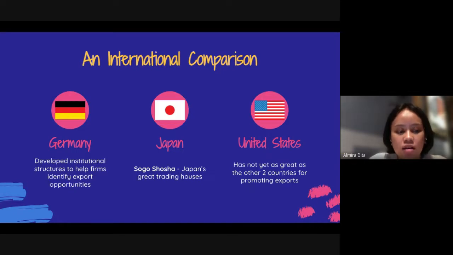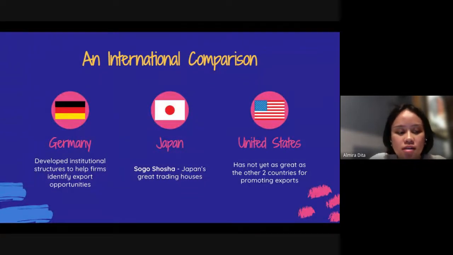While in Japan, the Ministry of International Trade and Industry is always on the lookout for export opportunities. In addition to that, many Japanese companies are linked to the Sogo Sosha, which are Japan's great trading houses. The Sogo Sosha have offices all around the world, and they aggressively seek out export opportunities for their connected companies, whether the companies are big or small.